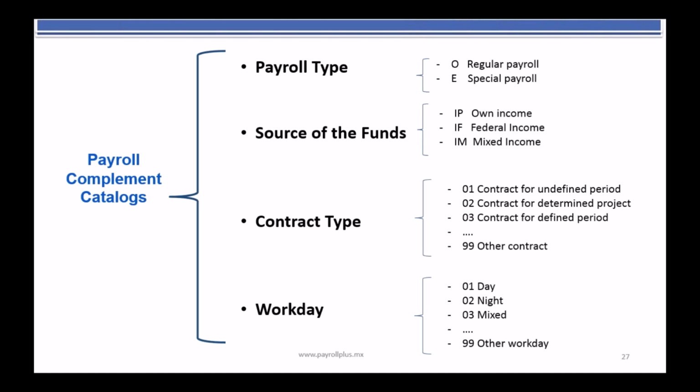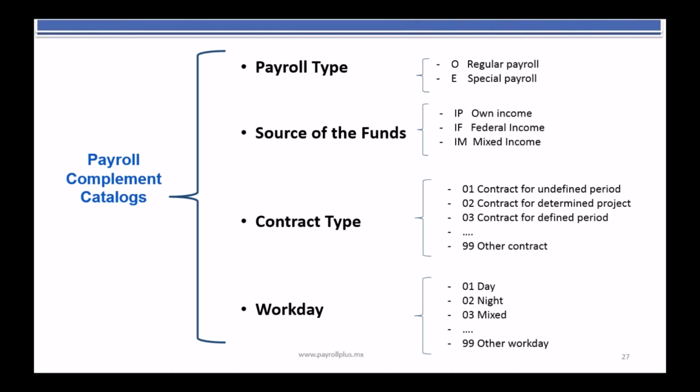Then we have contract type, which is also a new catalog. Here, the options that we have are 01 if you have a contract for an undefined period, 02 if it is for a determined project, and so on. And we see that at the bottom we have a 99 for other type of contract.